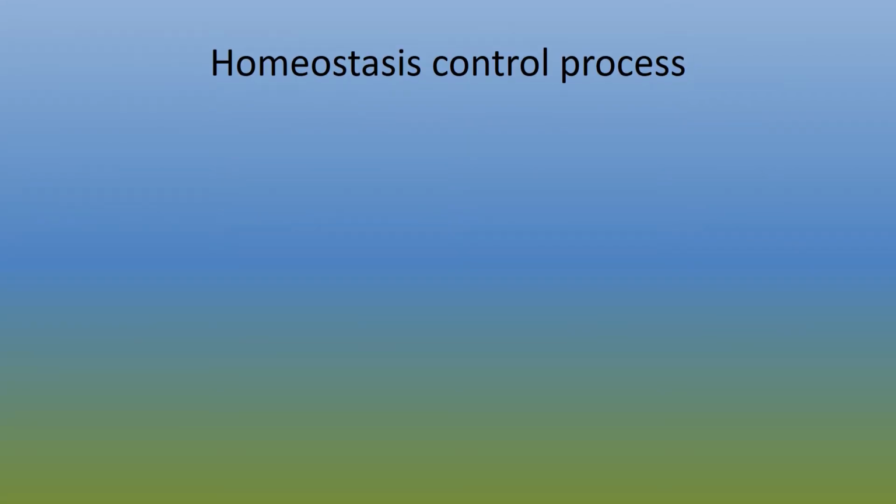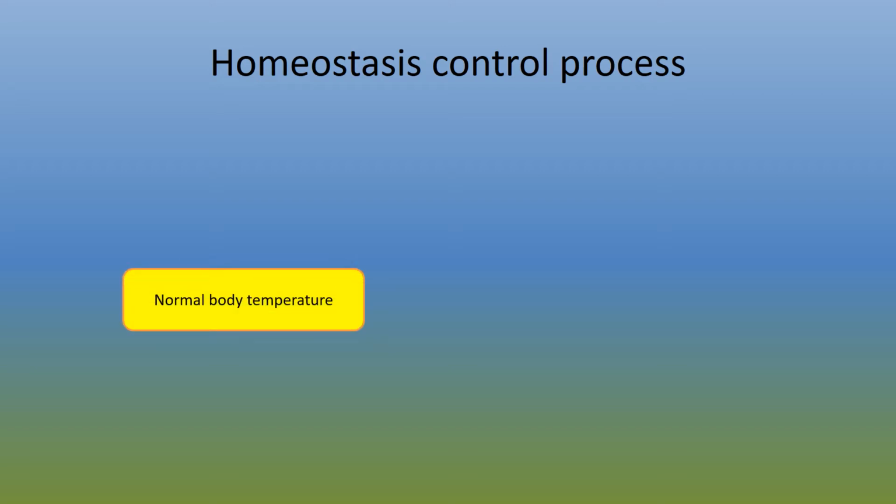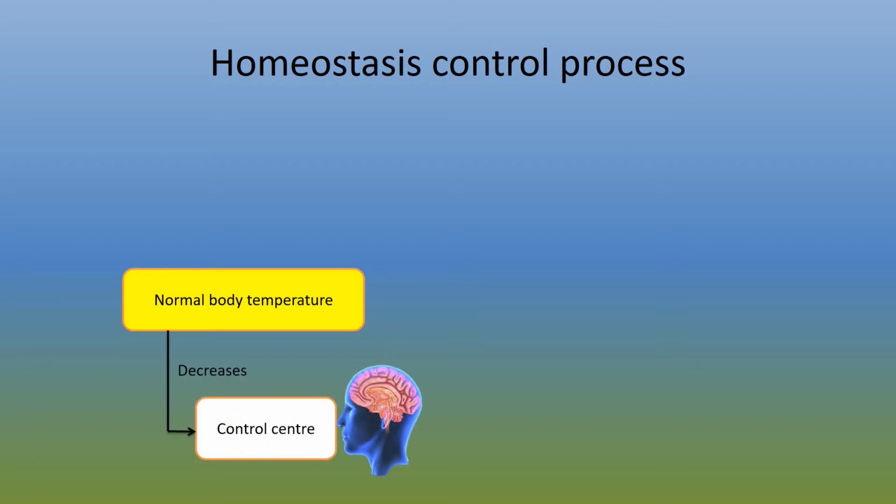Okay, so this is the homeostasis control process. We start with normal body temperature. So our normal body temperature is 36.9 degrees Celsius or 37 degrees Celsius. So what happens if our body temperature decreases?